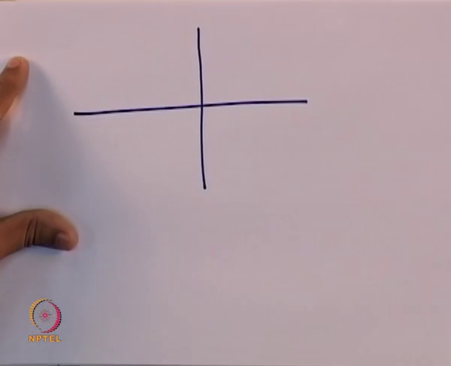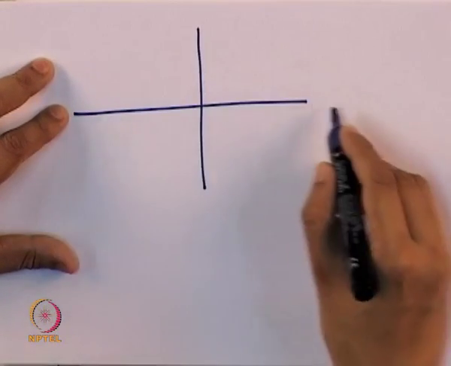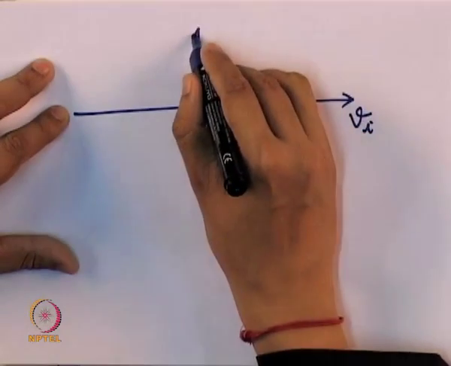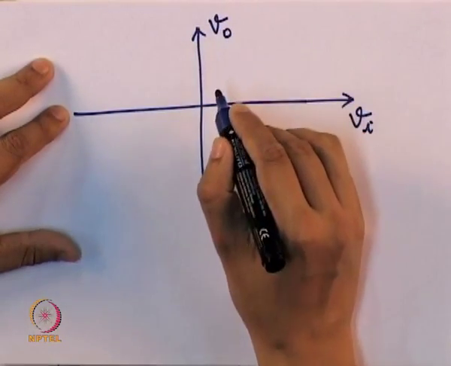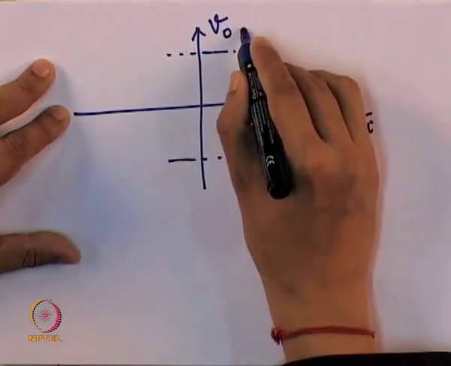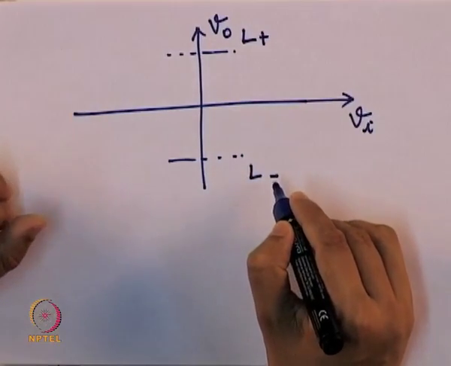Okay. If we draw the graph for this one, we have our output voltage. This is my Vi, this is Vo, this is L plus, this is L minus.